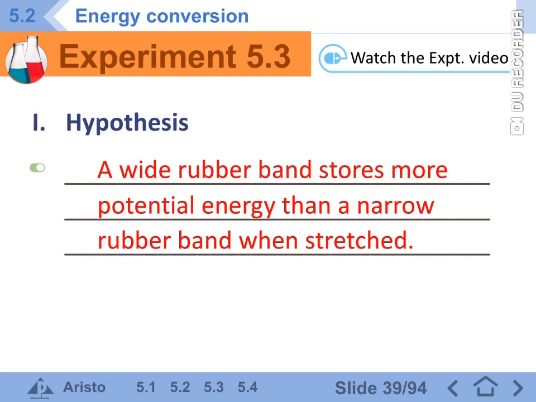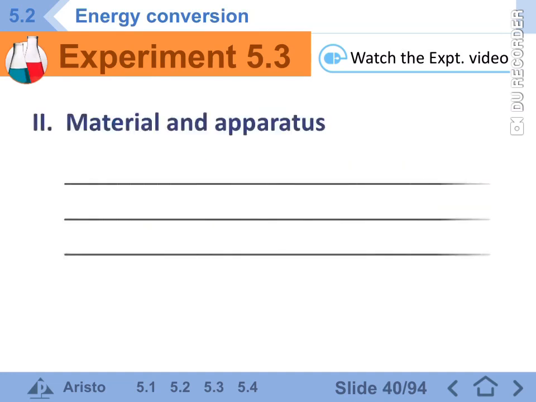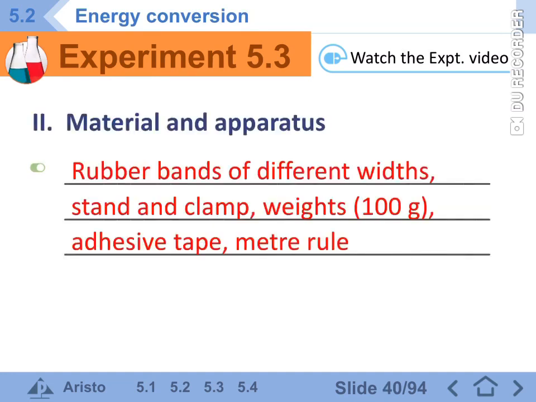We want to see if it actually works like that. And then what material is needed? We need the different rubber bands, the stand and clamp, the weights, tapes, and the measuring ruler, the meter ruler.